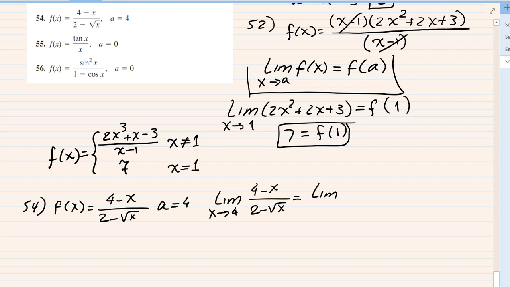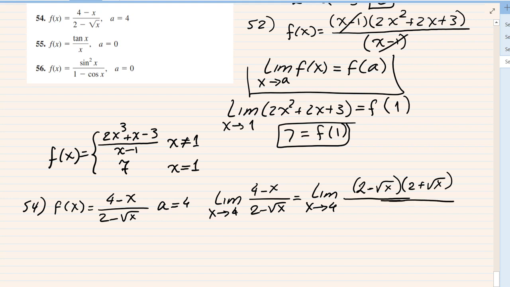So this is the limit as x approaches 4. And we could multiply the top and the bottom by the conjugate of the denominator. Or you can factor 4 minus x. If you factor 4 minus x, it's going to be 2 minus root x, that may be easier, times 2 plus root x. It doesn't really matter.